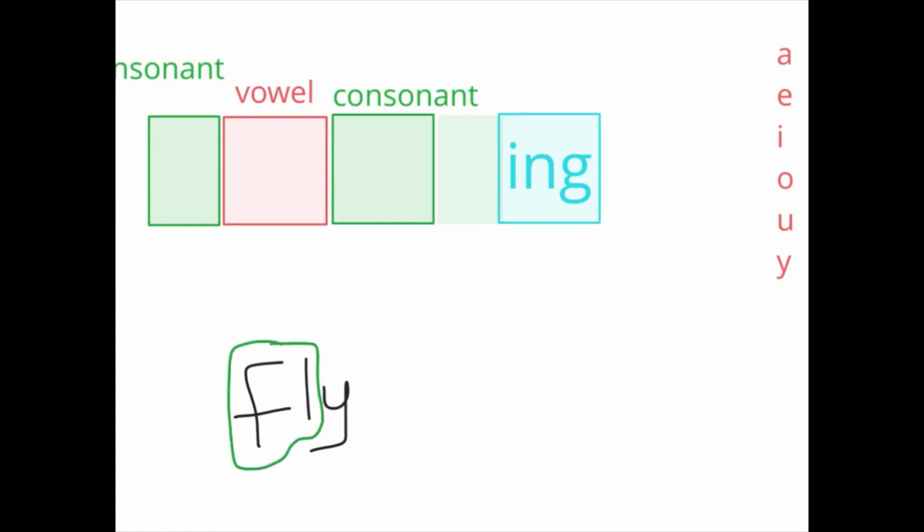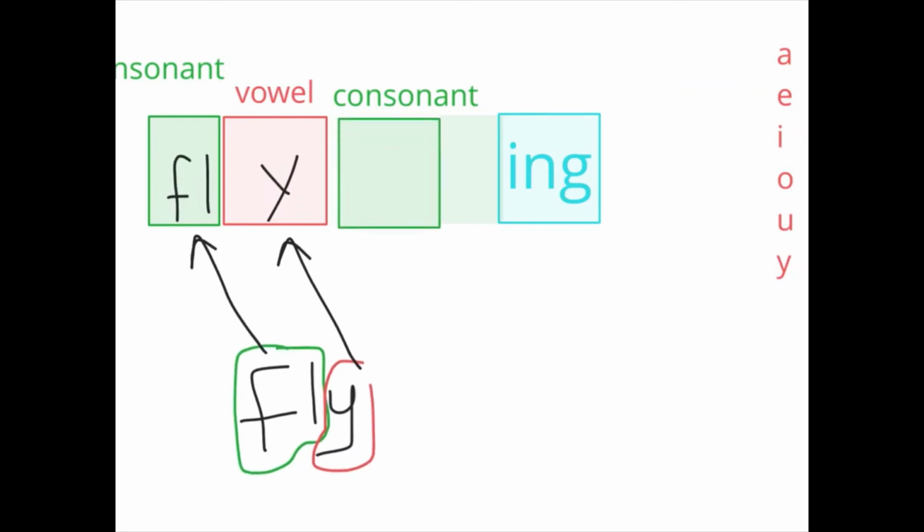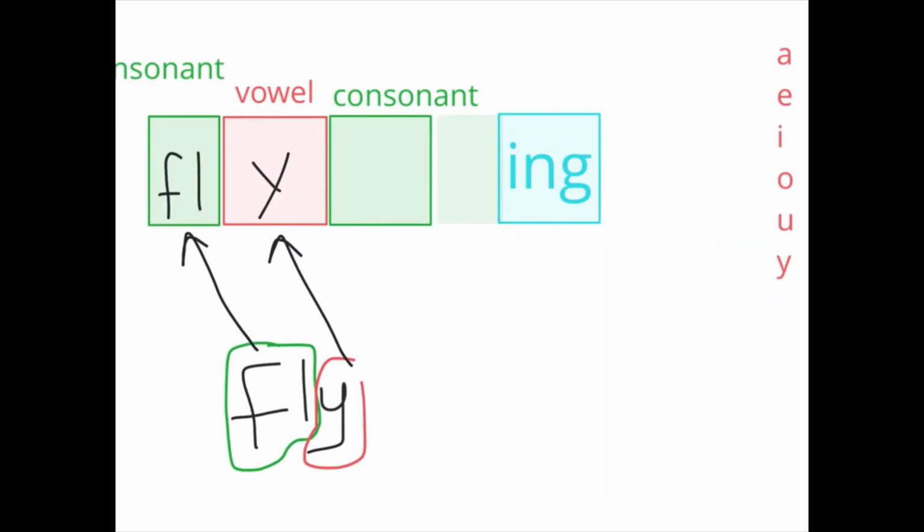And then in this word, our vowel sound is the Y. Y at the end of a one-syllable word says I. So this says fly. We need to put our consonant blend in here and our vowel in here. So we can put fl, I, fly. Well, guess what? There's nothing in this box right here. There's nothing to double. So all we will do is add ing.